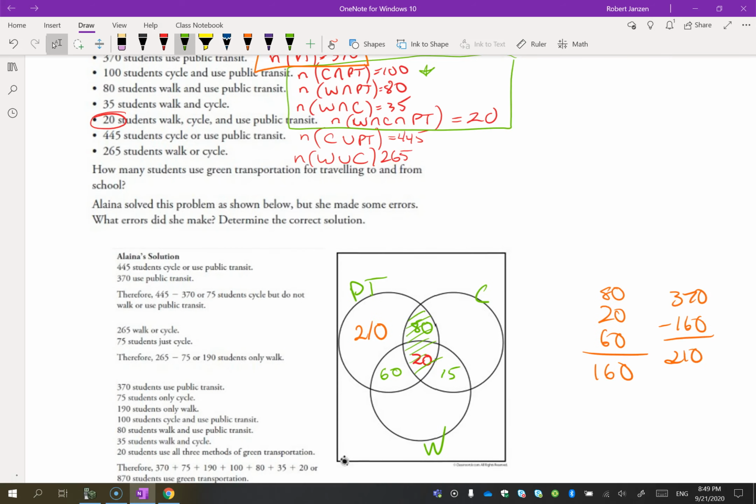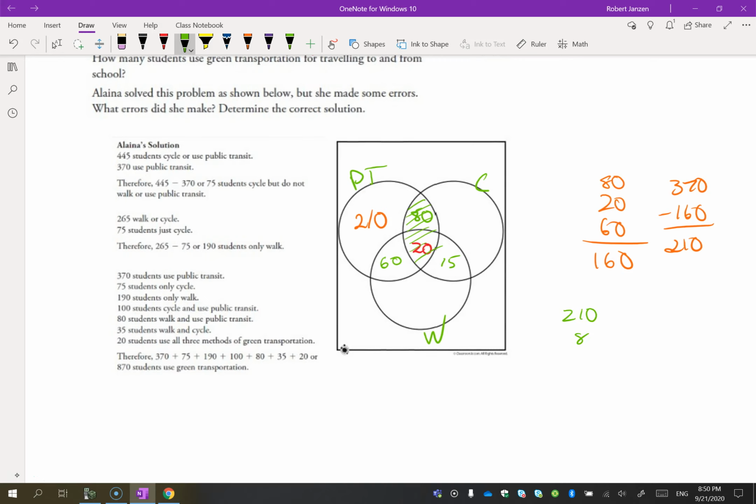Okay? Then let's go to this, the number that use cycling or public transportation. Well, we already have for public transportation 210, 80, 20, and 60. And then we also have 15 that are already on the cycling. So what I'm doing is I'm counting this and then all of this.